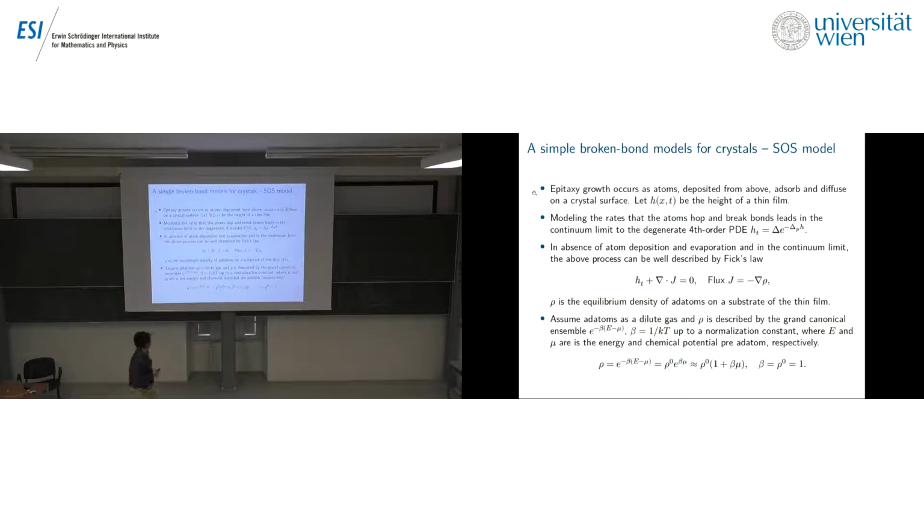Now we know the surface morphology is not smooth, and locally this dilute gas of course satisfies the grand canonical ensemble, given by e to the minus beta times energy minus nu, the energy and chemical potential per atom. So now you look at this itself. Suppose the energy does not change much.